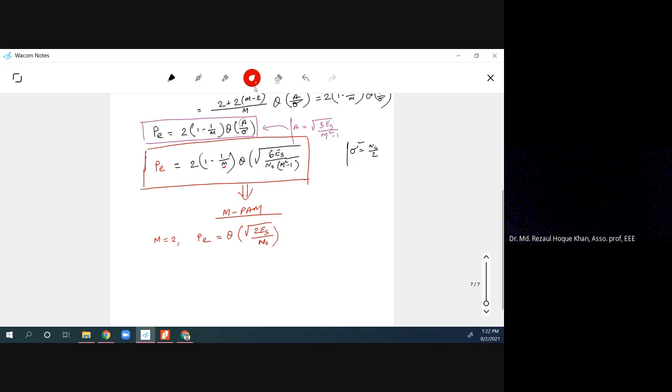With M equals 2, 4 minus 1 is 3, 3 into 6, so 2. Do you remember what is the probability of error for BPSK? So if M equals 2, this same formula goes to our very basic BPSK modulation. This is the generalized M-ary, so if M equals 2, our solution checks out.